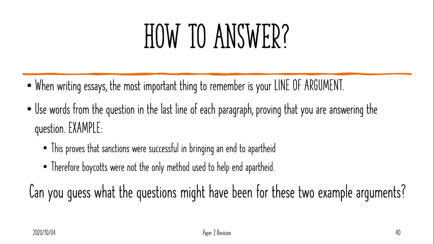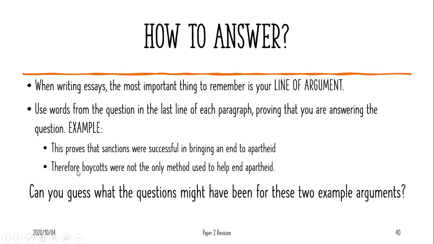Can you guess what the questions might have been for these two example arguments? If we look at the first example, this proves that sanctions were successful in bringing an end to apartheid. Because the key word is successful, the question probably had something to do with the success of the international anti-apartheid movement, or maybe the success of sanctions in particular.